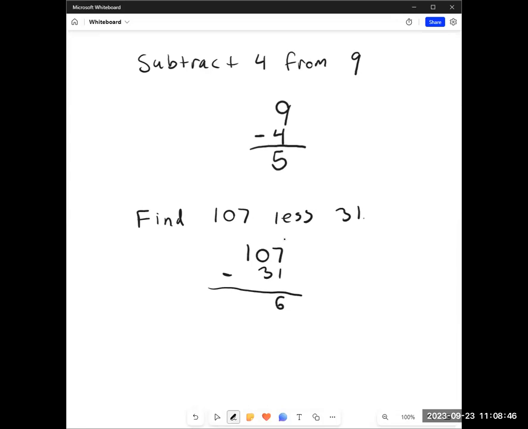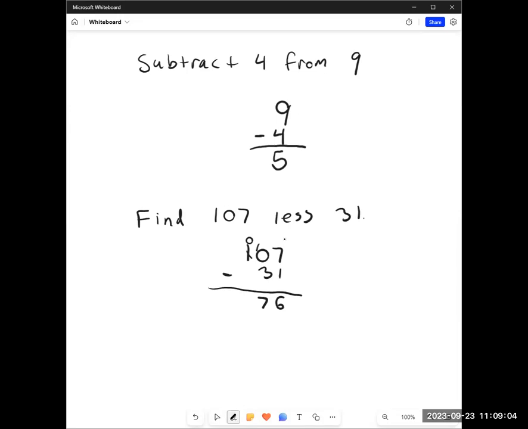Then I'm going to have to borrow here because I can't take 3 away from 0, so I'm going to borrow that 1 from there. 10 minus 3 is 7, and I have nothing left in the hundreds place value, so there's a 0 there.